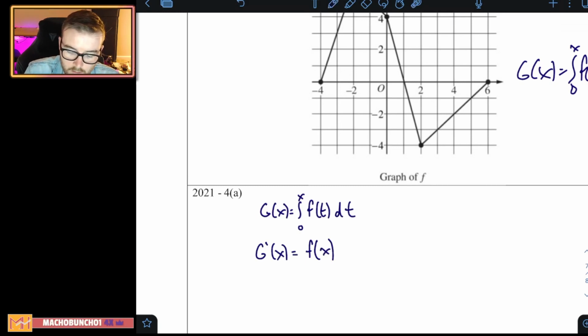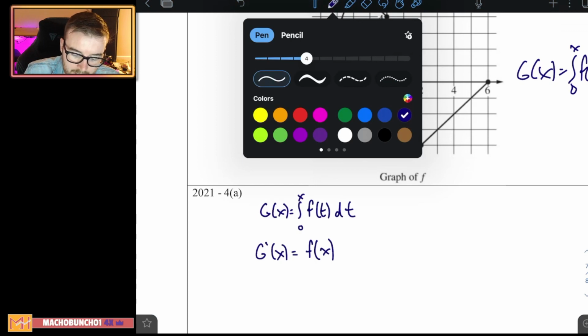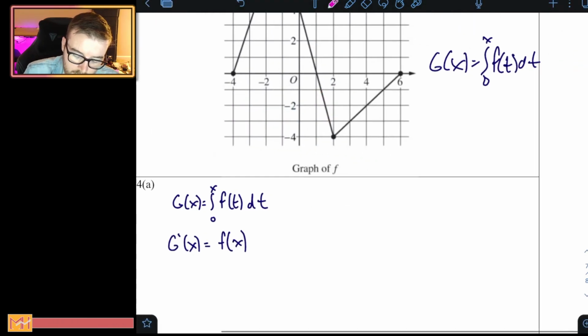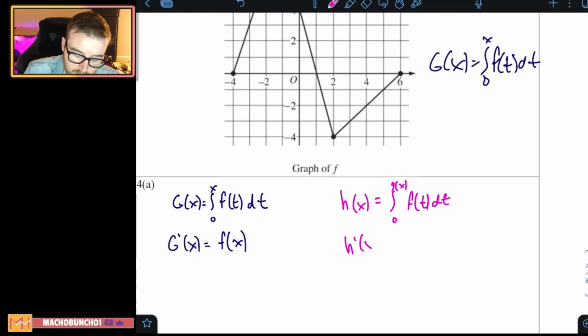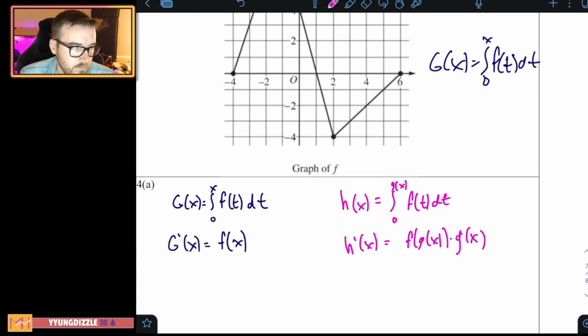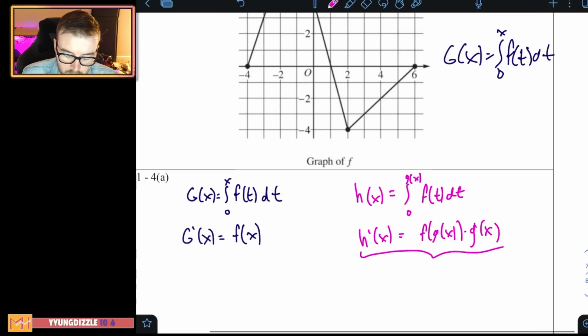Because if you recall, not to confuse you with f and g, I'll use a lowercase. If a function is defined as the integral from 0 to g of x of f of t dt, the derivative is f of g of x times g prime of x. Okay? We know this to be true.